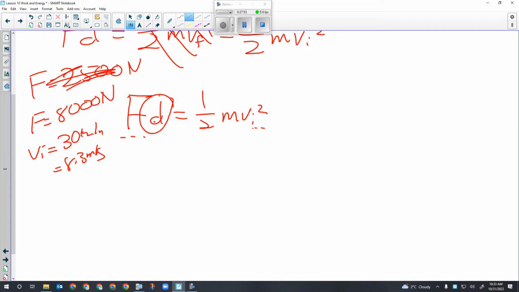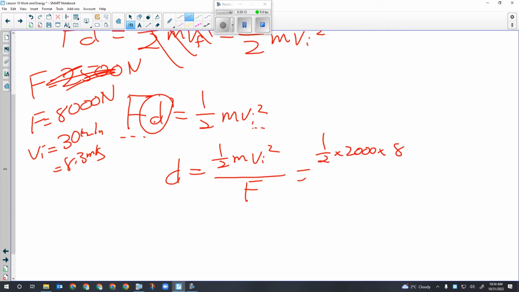So d is going to equal 1/2 times the mass times my speed squared in meters per second, divided by my braking force. When I plug in these numbers, that's 1/2 times 2,000 kilograms times 8.3 squared, divided by 8,000 newtons.